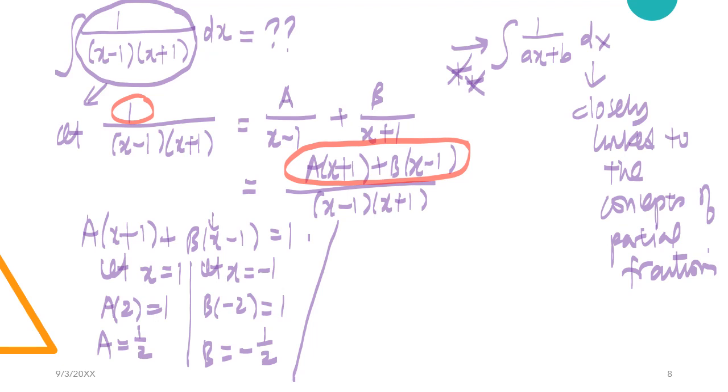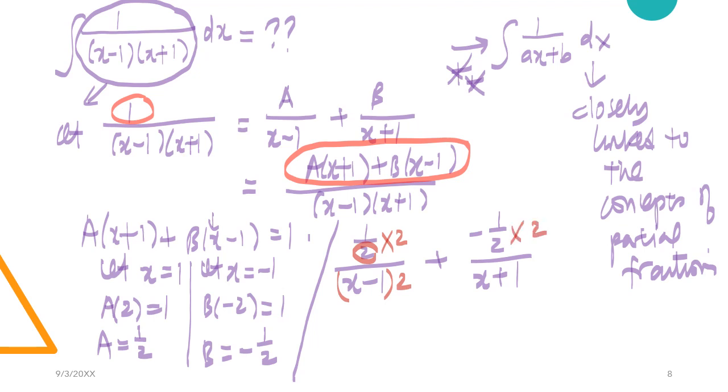Okay, after finding the values for a and b, we can put them back in the partial fractions. So the partial fractions will be half divided by x minus 1 plus negative half divided by x plus 1. We're going to use a trick here, and the trick is actually quite easy. Just look at the denominator, it's a number 2, so just multiply by 2 at the numerator and 2 at the denominator. Likewise for the second fraction.